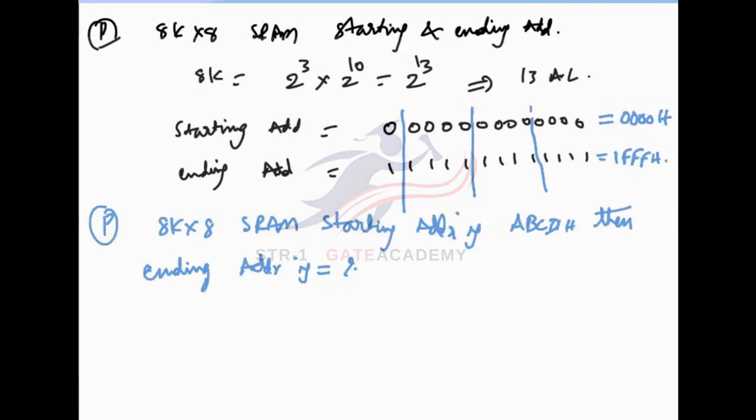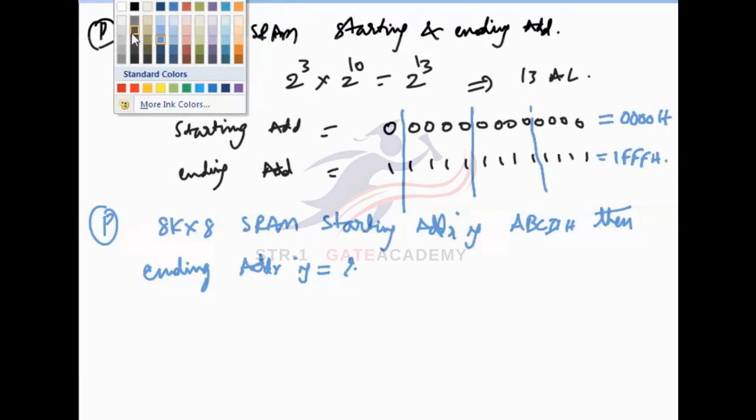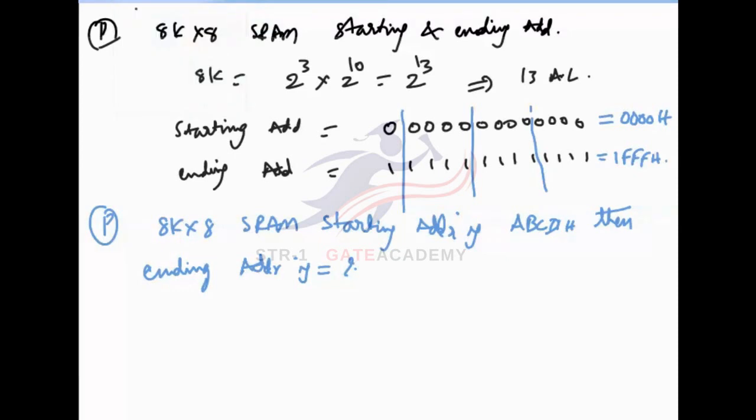See, one more question is given. 8 kilo by 8 SRAM, starting address is ABCDH. Then what is the ending address? In the previous question, for the 8 kilo by 8 SRAM we found the starting and ending address, but here the starting address is mentioned.